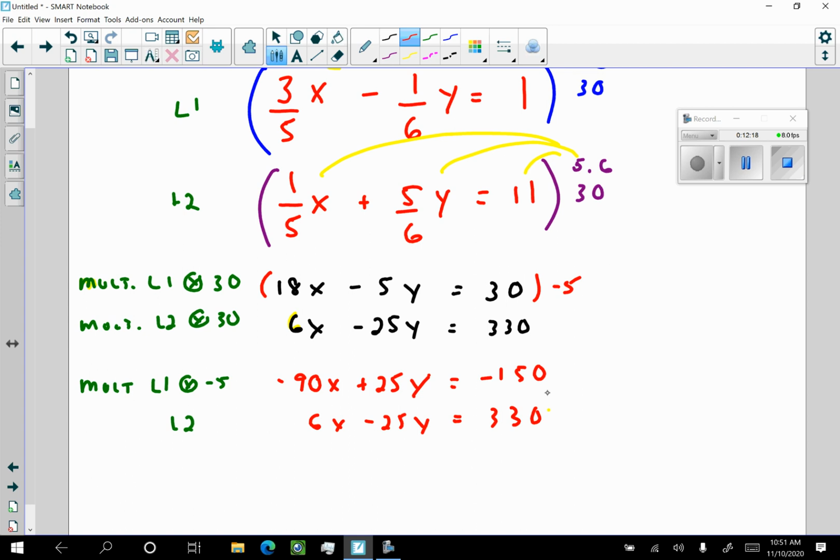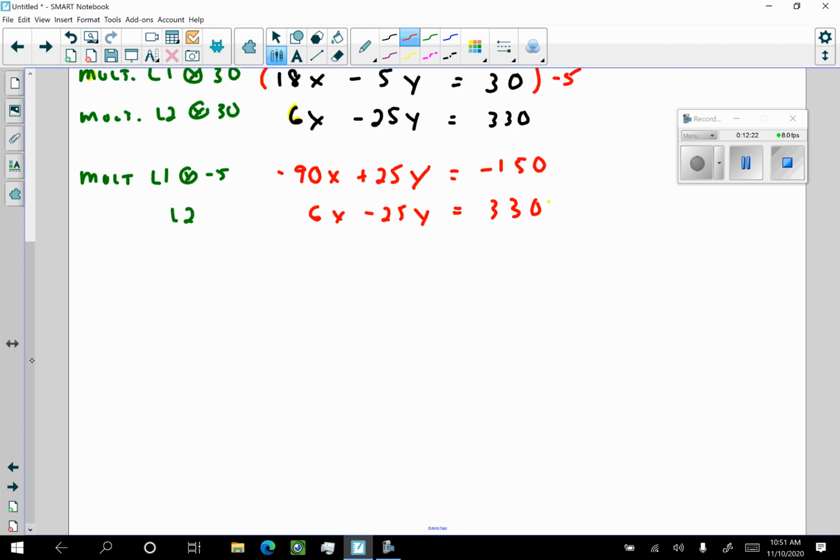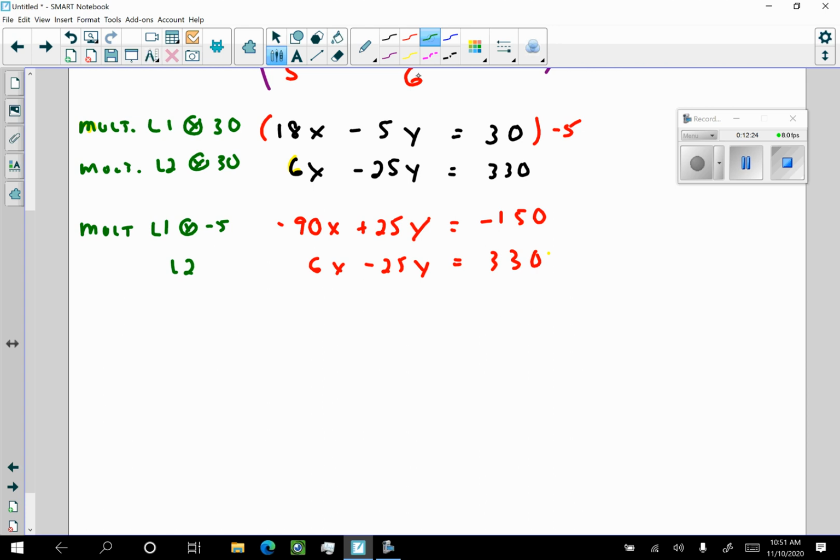Oh, big numbers. Well, you have a calculator. If you would like to use a calculator, it's no problem about that. Now I'm going to add these equations together and see what I get. I have negative 84x. The y's zero out, and I have 330 minus 150 is 180.